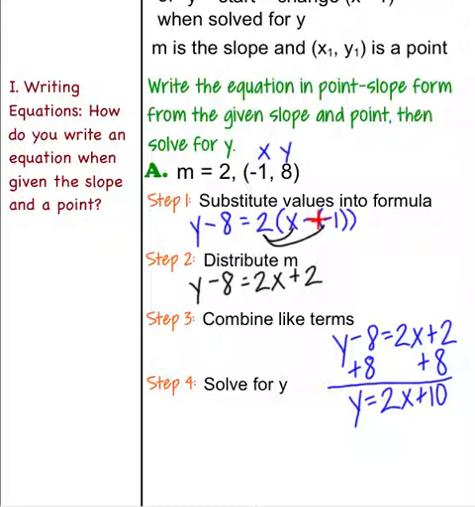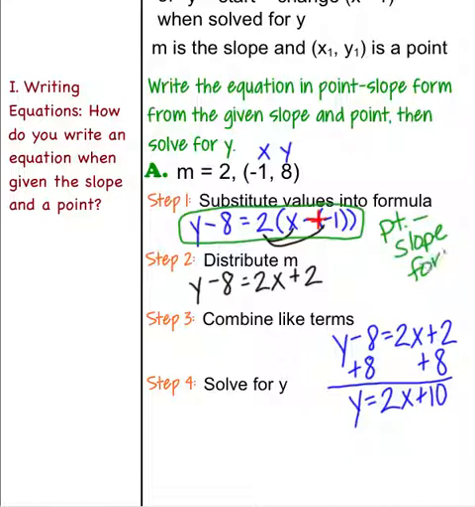So while this here, y minus 8 equals 2 times the quantity x plus 1, is our point slope form, then when we want to, right here where it says then solve for y, that will of course end up getting us y equals 2x plus 10, which, if you remember, is our slope intercept form, which is our main form we use.